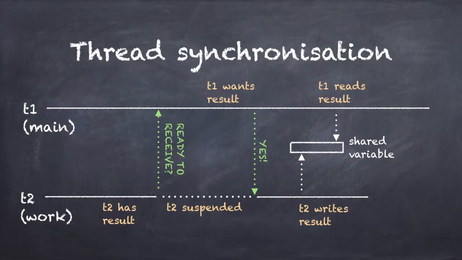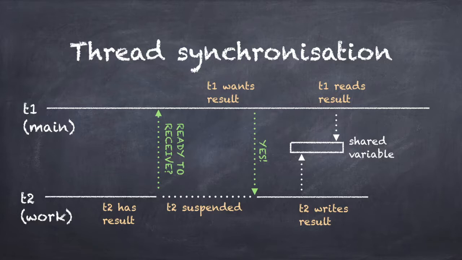So the work thread starts and performs the very first calculation. Then, instead of writing the result into the shared variable, it sends a message to the other thread, something along the lines of, "Are you ready to receive data?" The work thread then suspends itself until it receives an answer.